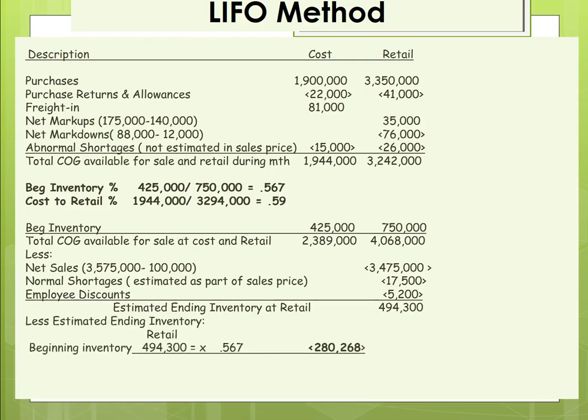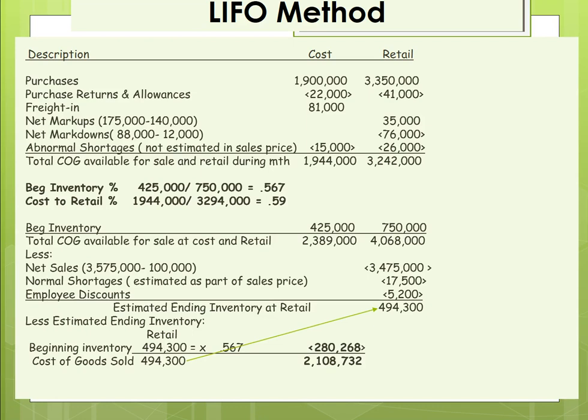Now, in this case, because the ending inventory at retail is less than the beginning inventory, we're only going to use one ratio, and that's the ratio we calculated on beginning inventory. And that's going to give us our cost of goods sold at retail and at cost, and we subtract that from total cost of goods available for sale to get our cost of goods sold.